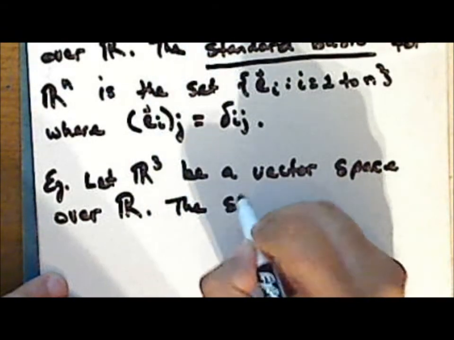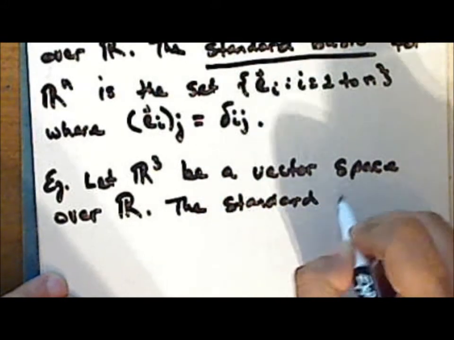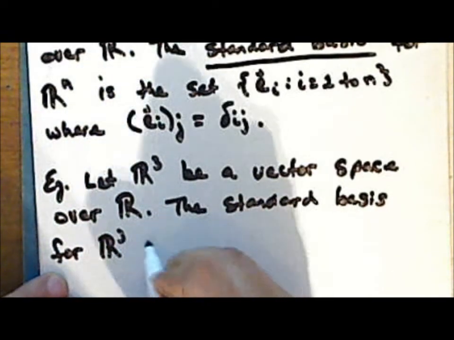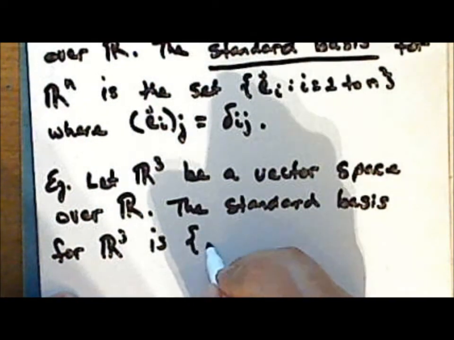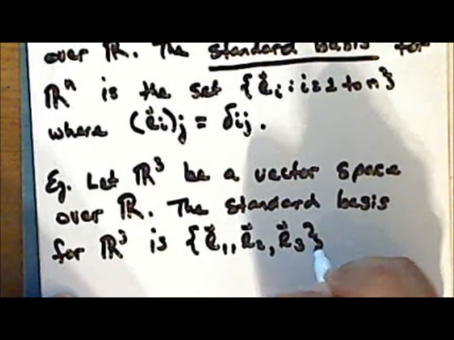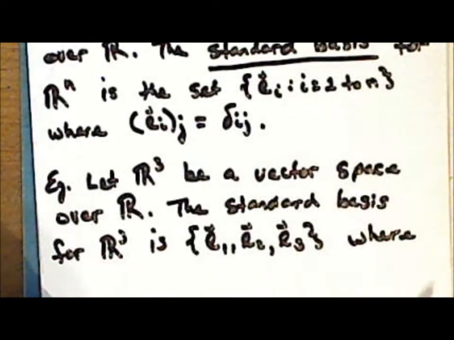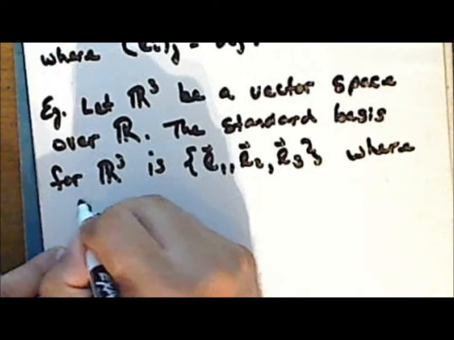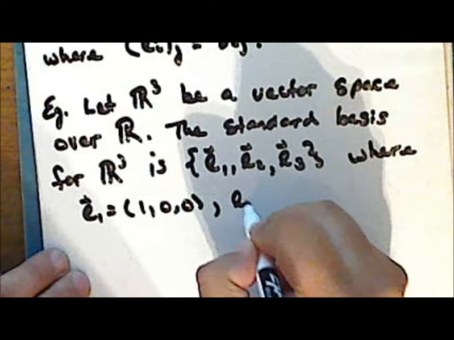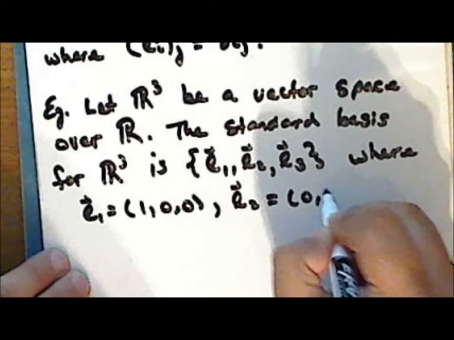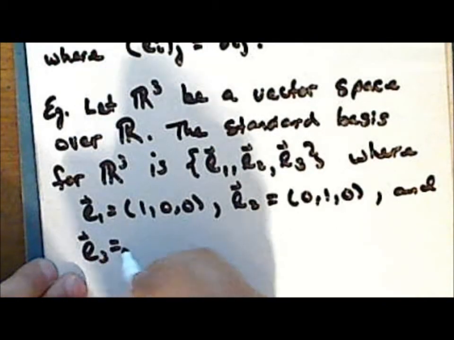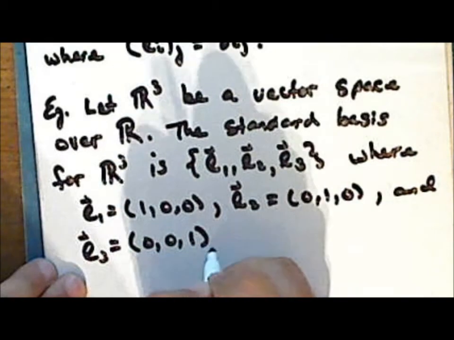The standard basis for three-dimensional real space is the set e sub 1, e sub 2, and e sub 3, where e sub 1 is the vector (1, 0, 0), e sub 2 is the vector (0, 1, 0), and e sub 3 is the vector (0, 0, 1).